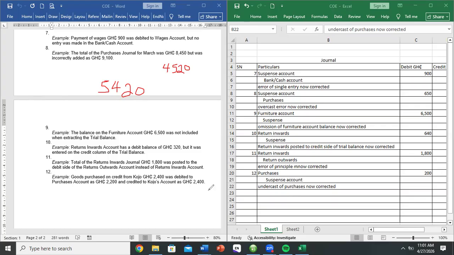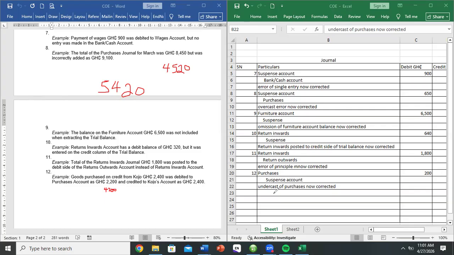Now in this error, 2,400, I didn't talk about transposition because you are not seeing any transposed figures here. But let's say it was recorded in purchase account as 4,200, then you can confidently say that there's a transposition error. Even though it will lead to an overcast, because if it's 2,400 and you have recorded 4,200, it means you have overstated it.